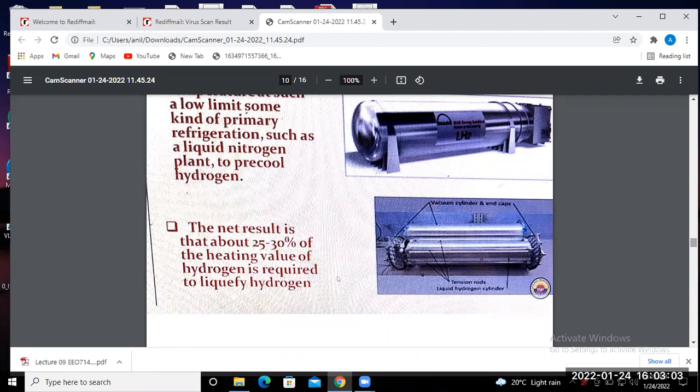So this is the structure of how liquid hydrogen can be stored.